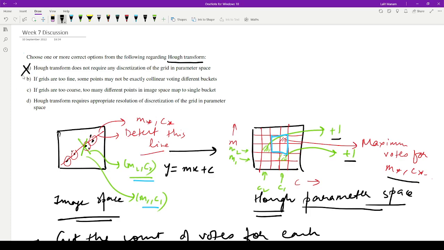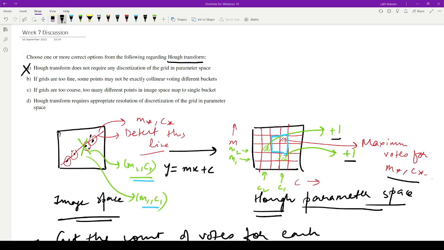Okay, so this is wrong. The next one: if the grids are too fine, some points may not be exactly collinear, voting different buckets. Is it right or wrong? This is something that we discussed just now in terms of noise.